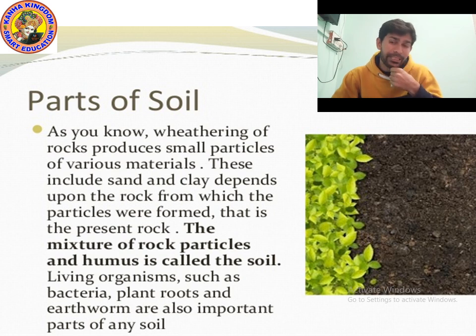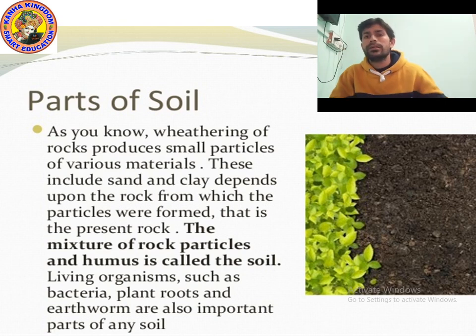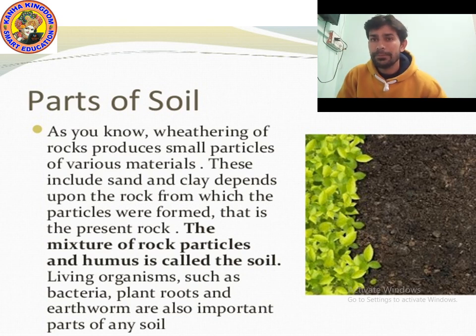Humus is a dark substance formed from dead and decayed material. What is humus? Humus is a dark material formed from dead and decayed substances, and humus helps plants to grow because it contains minerals and many nutrients.